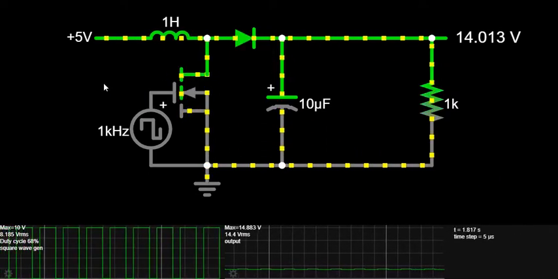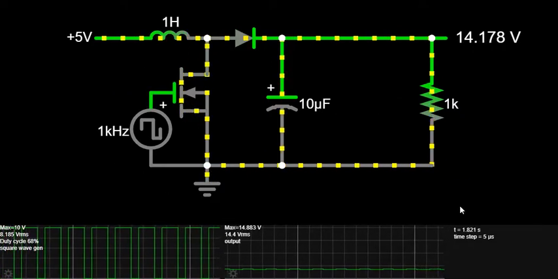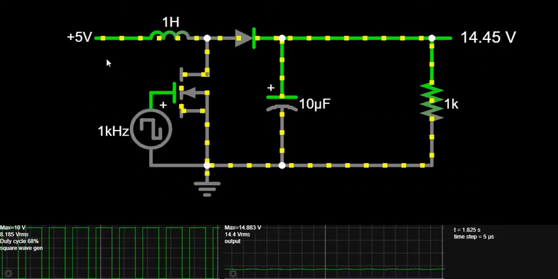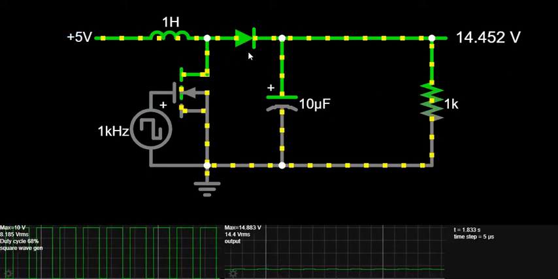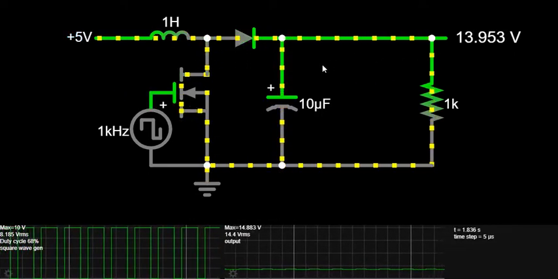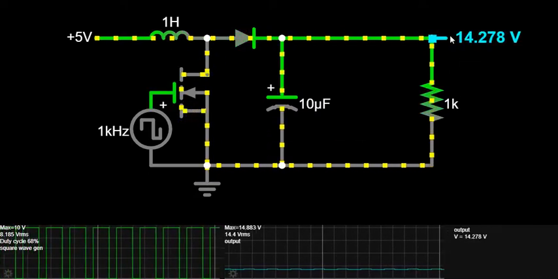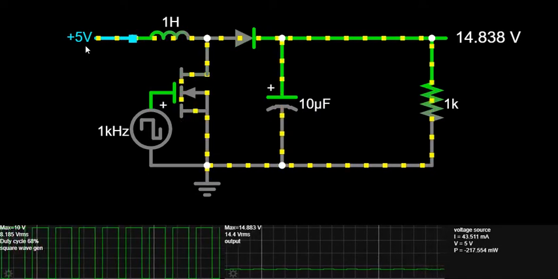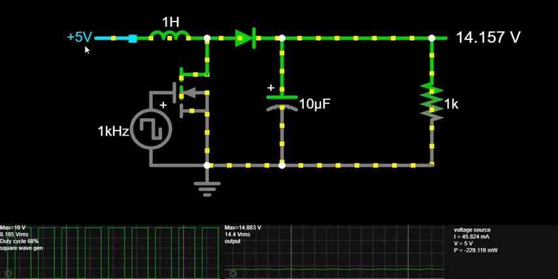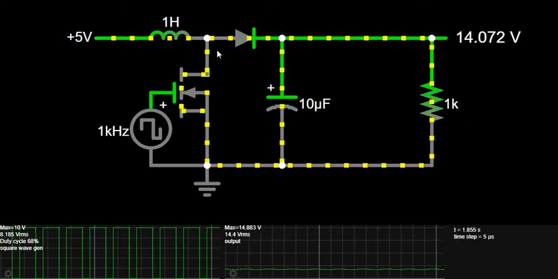So what is the working principle of the boost converter? As per the definition, a boost converter always boosts the input voltage. The output voltage of the boost converter is always more than the input voltage, because it boosts the voltage.